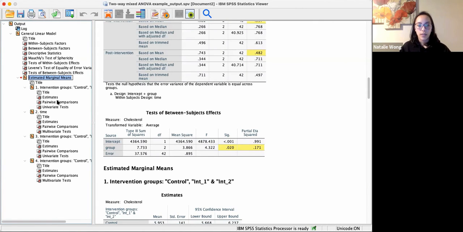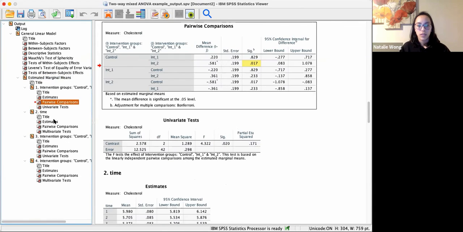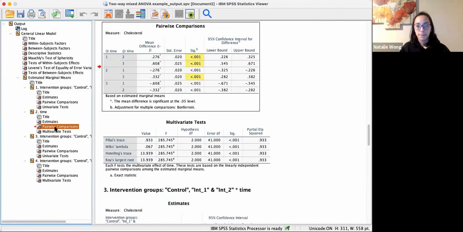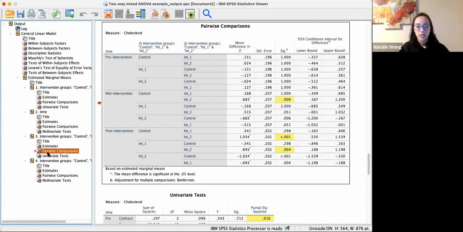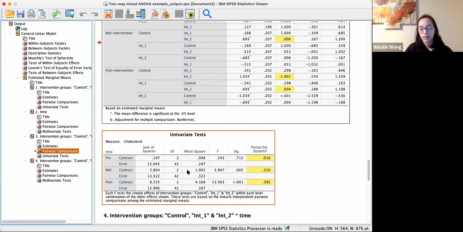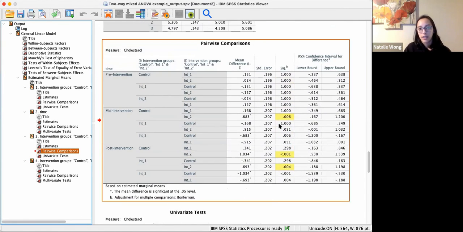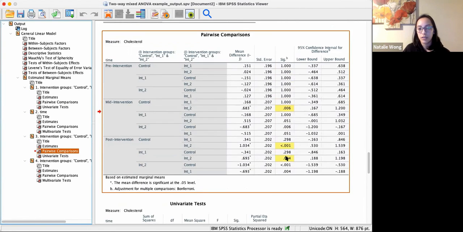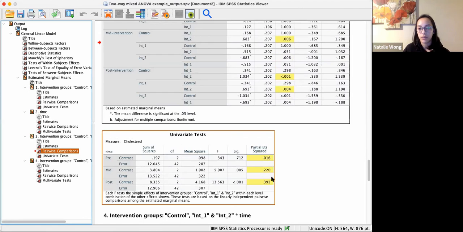So pairwise comparisons for intervention group, pairwise comparisons for time, and then our two interactions. Pairwise comparisons for differences between our exercise programs within each time point, and the univariate test is right underneath that. That way you can cross-check: I had significant pairs in the mid-intervention and post-intervention groups, therefore I'm going to report these last two effect sizes. Okay.